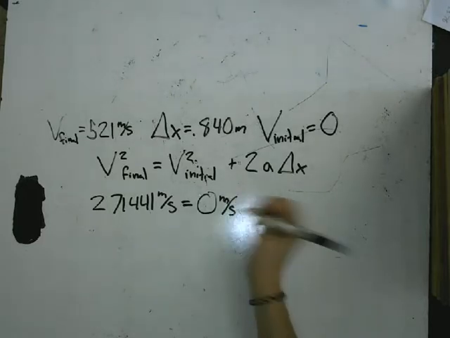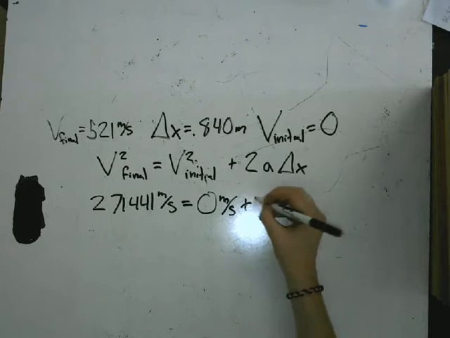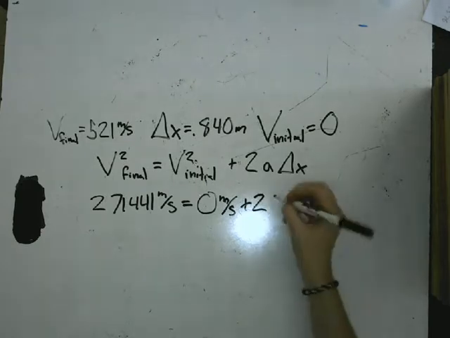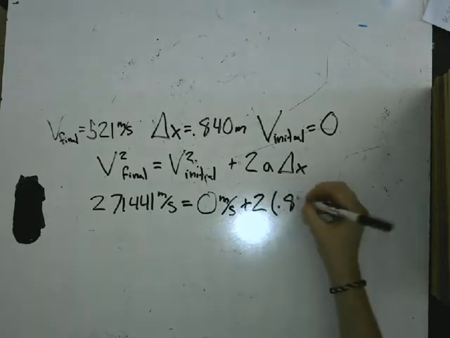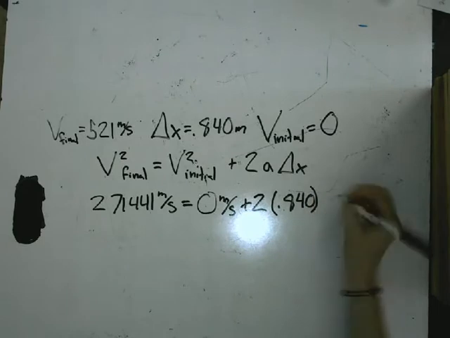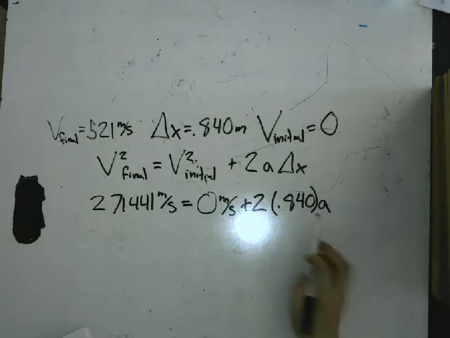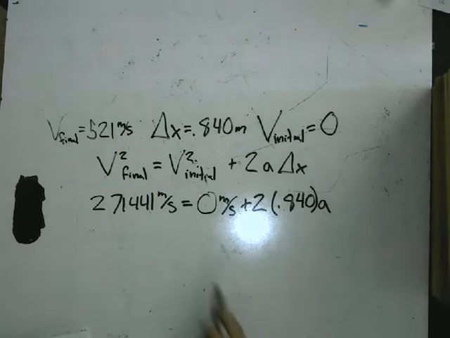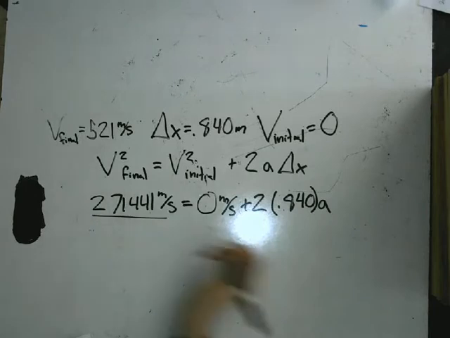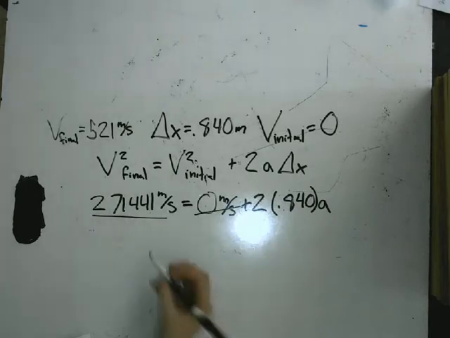plus 2 times a times the displacement, which is 0.840. And then what we're looking for is the acceleration, so we're going to try to be solving this for a. The 0 is just going to go away, so we're going to divide both sides by 2 times 0.840.